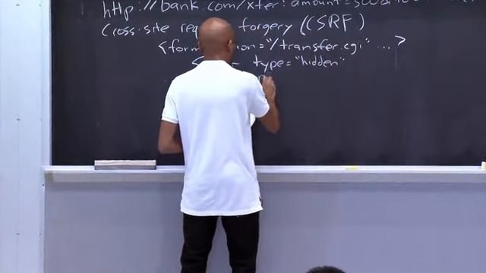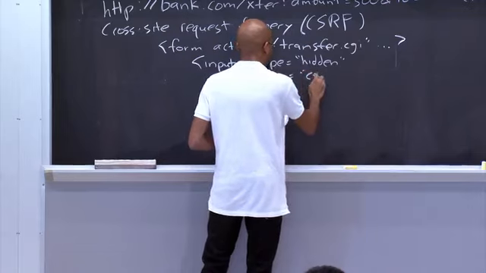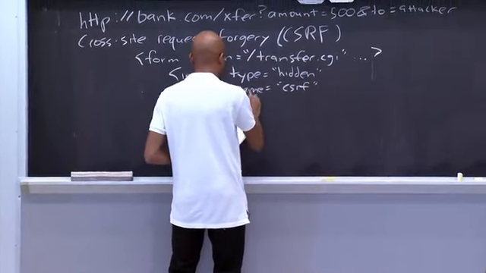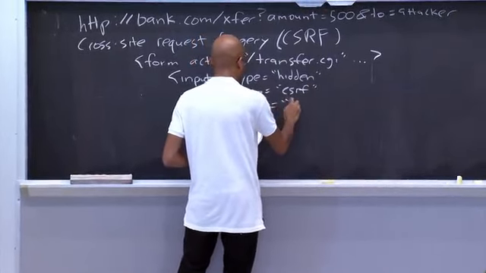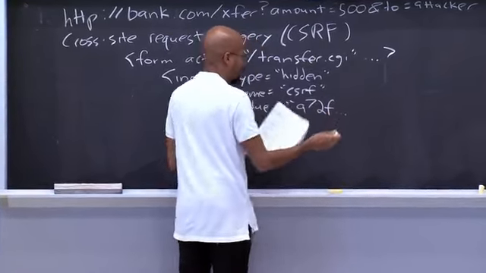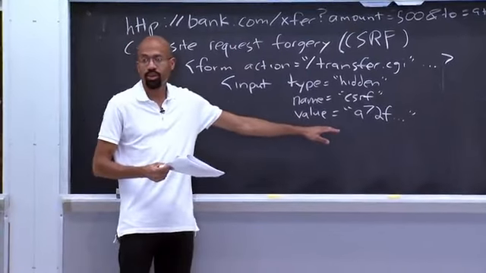And then we can give it this attribute. We'll call it CSRF. And then we'll give it some random value. A72F, whatever. Right? And so remember, this is generated on the server side.